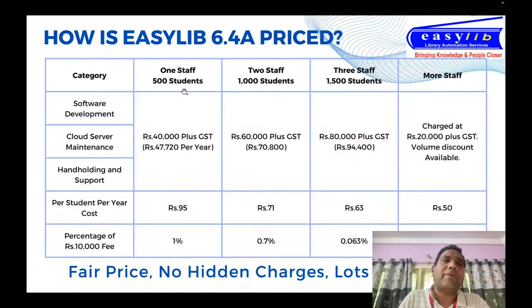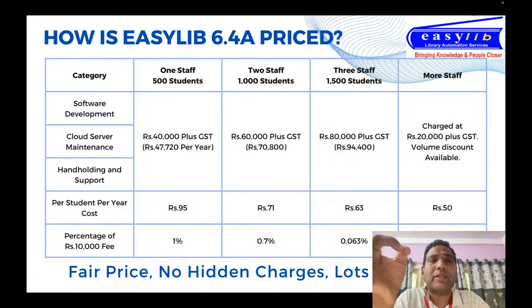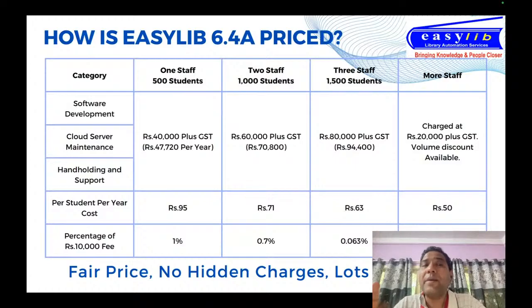If you have a library with one staff and 500 students, you pay rupees 40,000 plus GST, that's 47,720 per year, for the entire Easylib 6.4, a professional version that includes physical library management, digital library management, in-out management, and many more components of this product. 47,720 flat per year over the years.